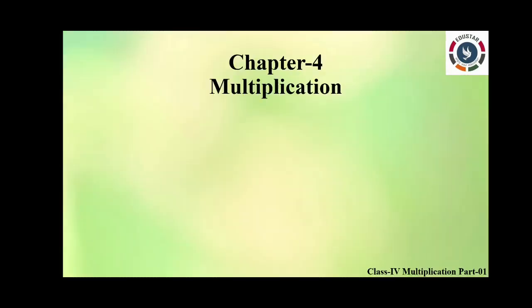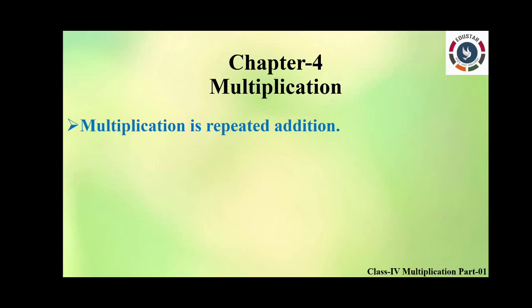In this, first let us see about what is multiplication. Multiplication means it is a repeated addition. For example, 4 plus 4 plus 4 plus 4 plus 4, which is equal to 20. Here 4 added how many times?